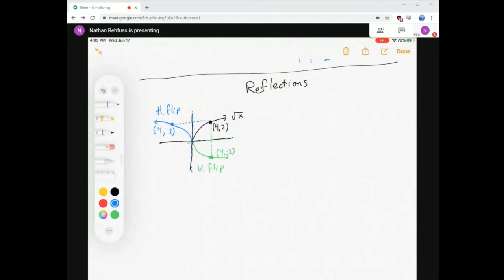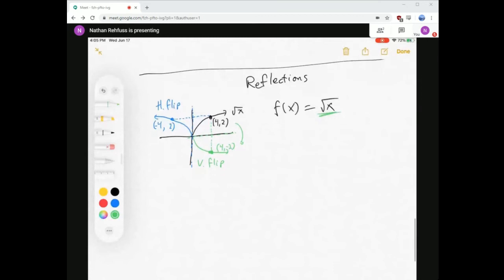So, have you thought about how we might change the inputs or the outputs? Oops, gave it away, didn't I? If I want to make the y-coordinate flip, all I'm doing is making the output negative. So if that's the graph, if f(x) equals the square root of x, then to get a vertical flip, all I have to do is take this output and make it negative.